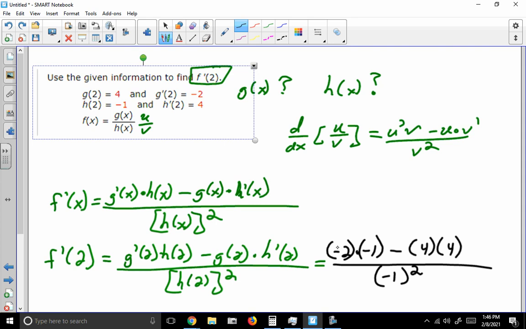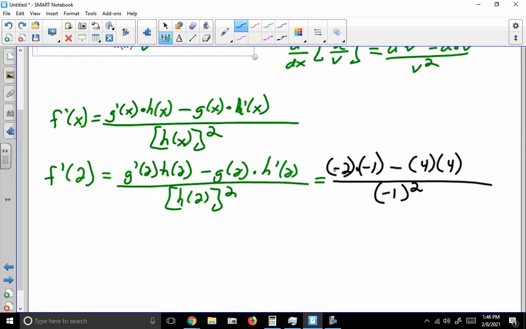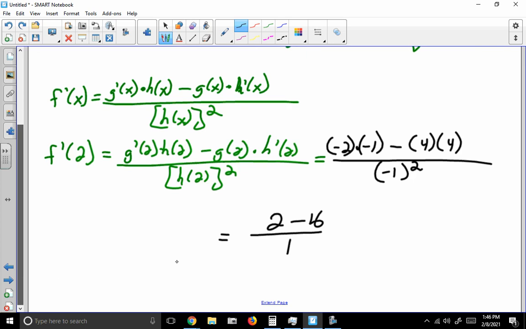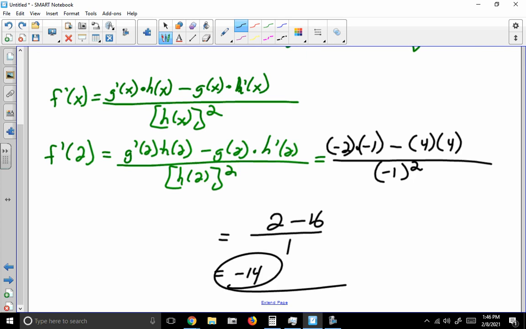So g prime h, minus g h prime, over h squared. So negative 2 times negative 2, minus 4 times 4, over negative 1 times negative 1. So we get negative 14 over 1, or negative 14. So it's just knowing the quotient rule here.